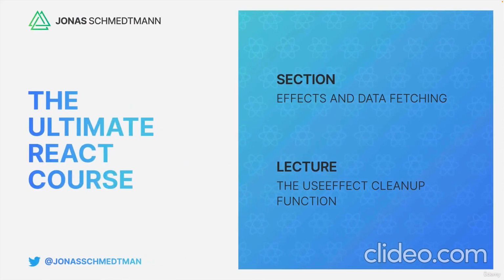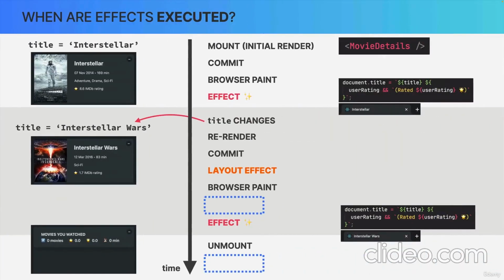So the third part of an effect is the cleanup function. And so let's now come back to the timeline that we have looked at before and the holes that we have left in it. So remember that after the last effect run, the title of the page in the browser tab was set to Interstellar Wars, right?